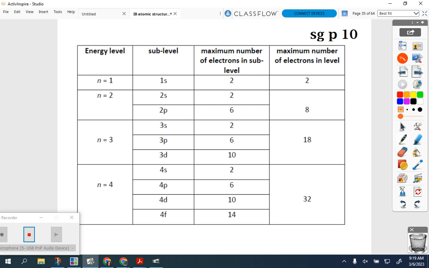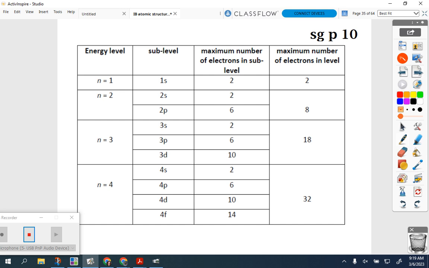After that, we get a 2s orbital that is outside of the 1s orbital, so a little bit further from the nucleus, a little bit higher energy. That also has 2 electrons, and then the second energy level also adds a set of p orbitals. 3 p orbitals for a total of 6 electrons, so our second energy level can carry a total of 8 electrons.